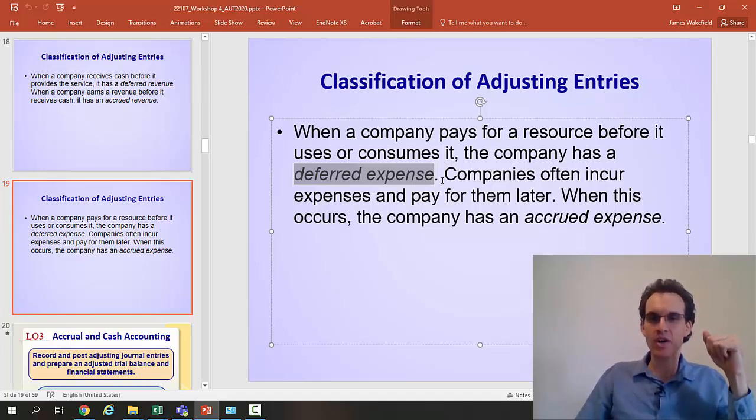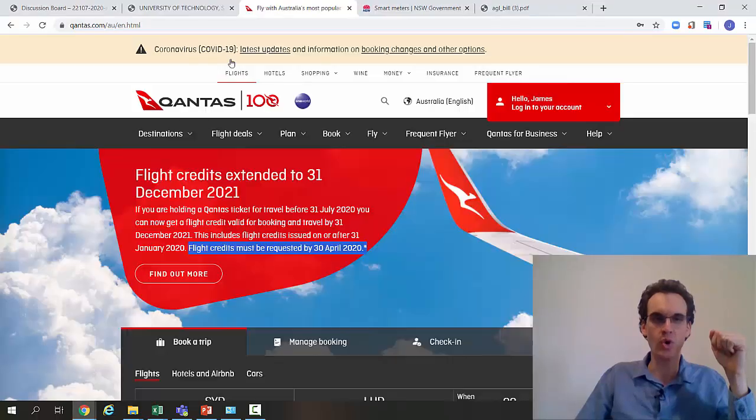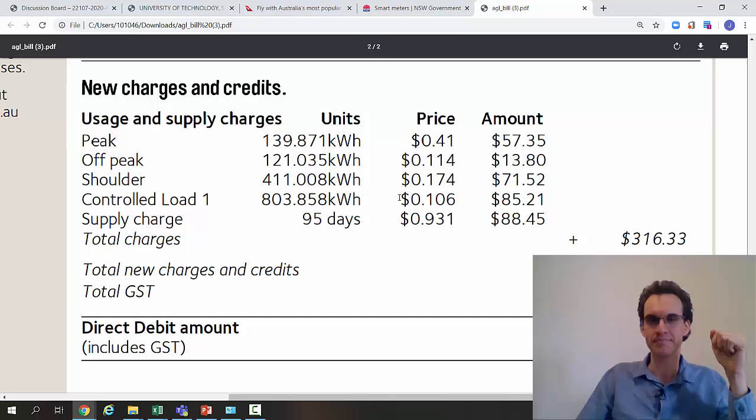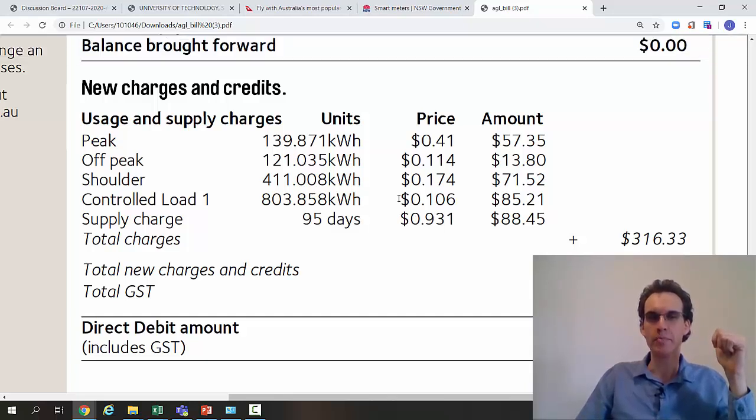Sometimes companies incur expenses and pay them later. Now, a classic example of that, as I showed you earlier in this workshop, is your electricity bill. Typically, energy providers charge you post-usage. So you use the electricity. Here I have my bill. They show me all the electricity that I've used.